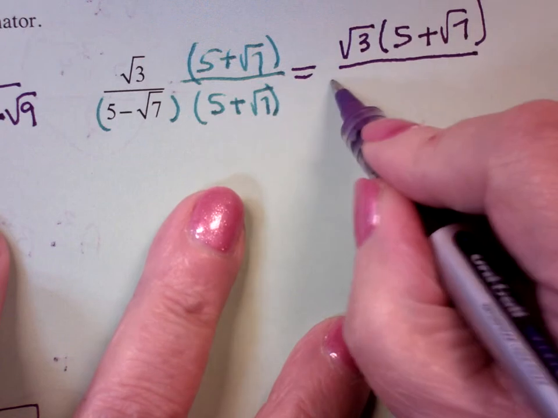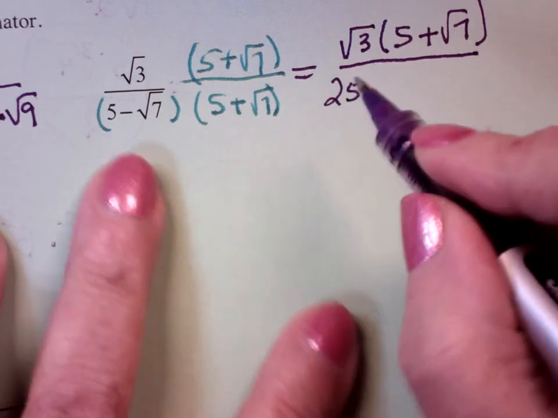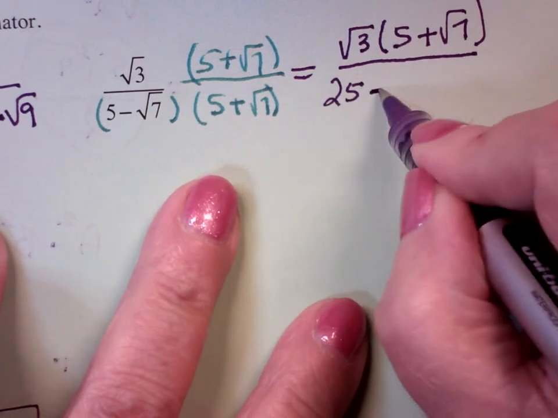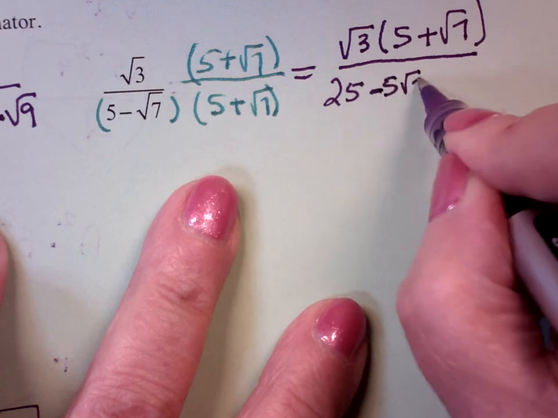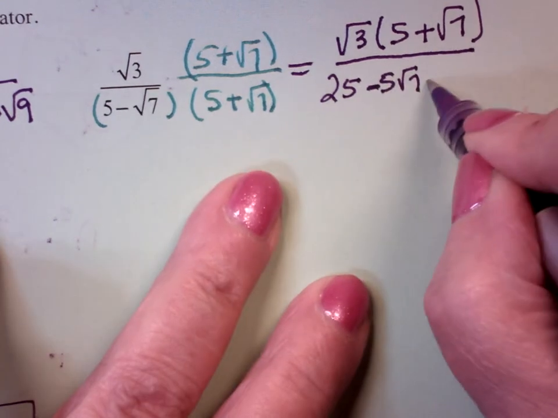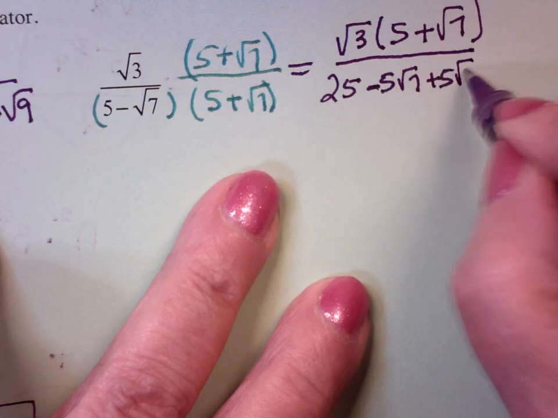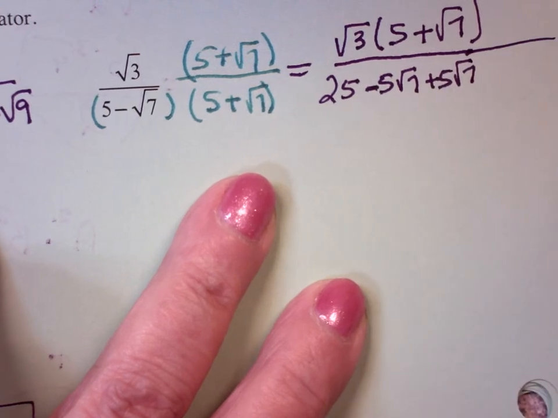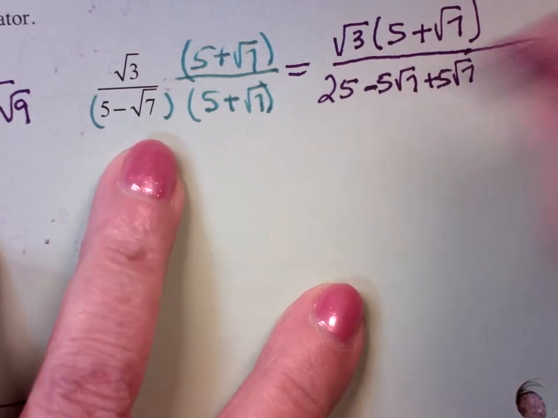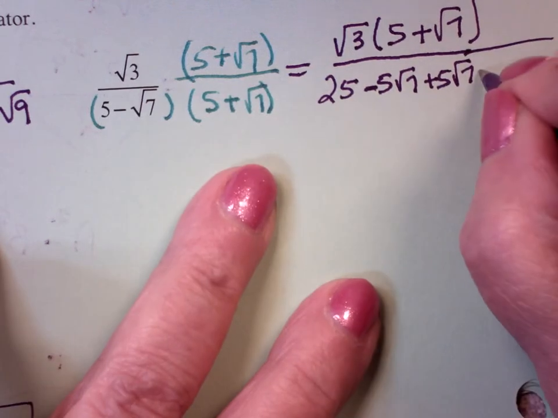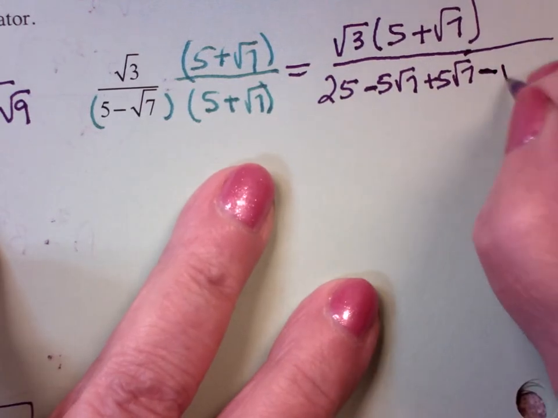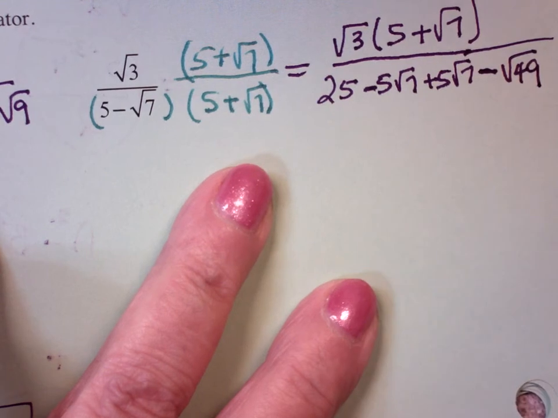5 times 5 is 25. Inner is minus 5 square roots of 7. Outer is plus 5 square roots of 7. Last is the square root of 7 times the square root of 7, which is minus the square root of 49.